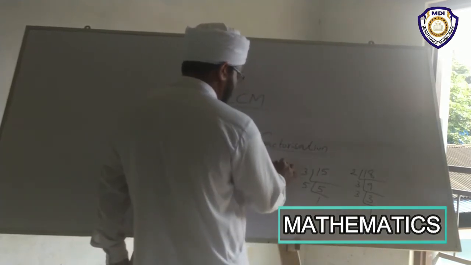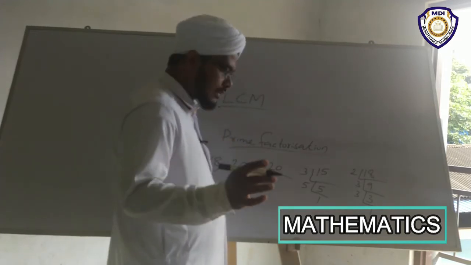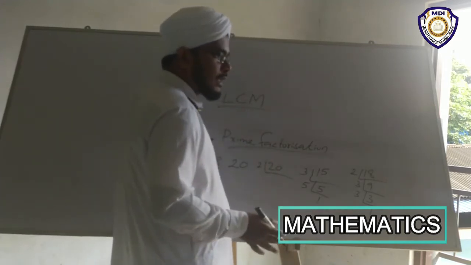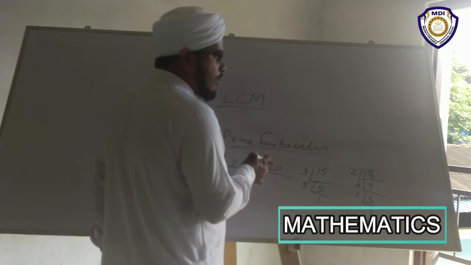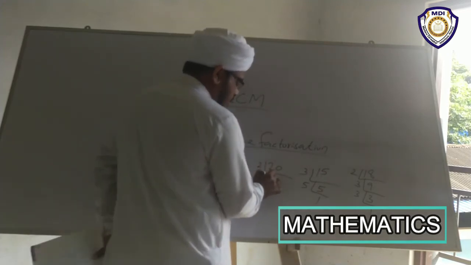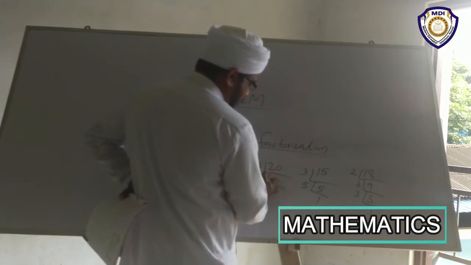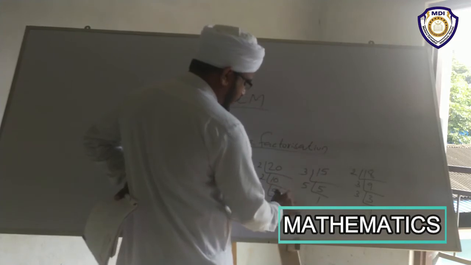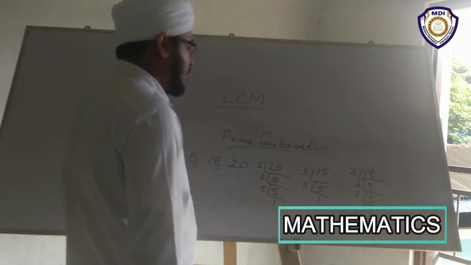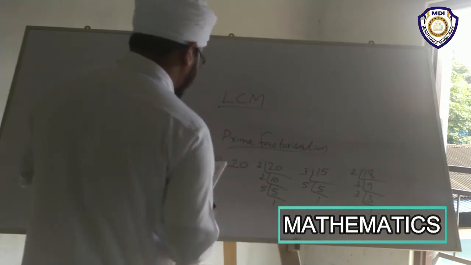Then 20 can be divided by 2. Can you understand? We have studied this method, factorization by division. Then 20 can be divided by 2, then we get 10. Then 2, 5, 1. Okay. These are the factors, factorization by division method.